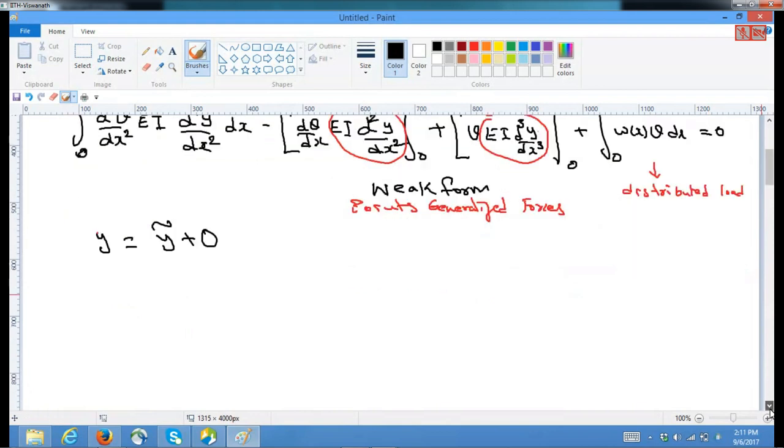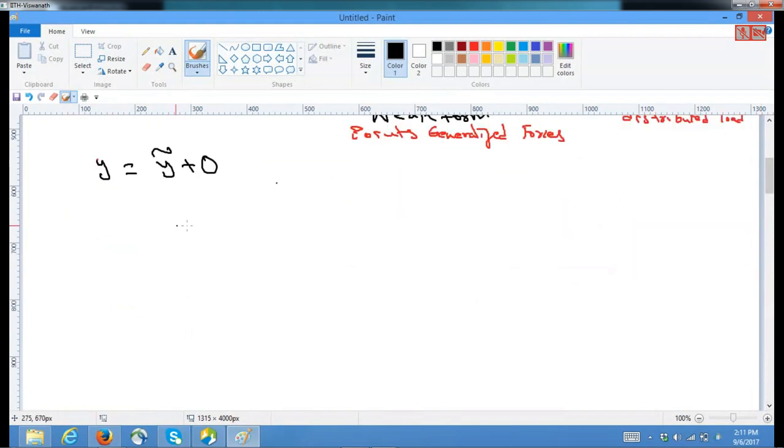then this is a capital O, not 0. So where y tilde can be written as summation di ni, i equals 1 to n, where n is the number of nodes per element.